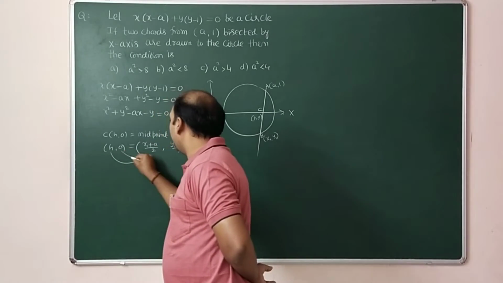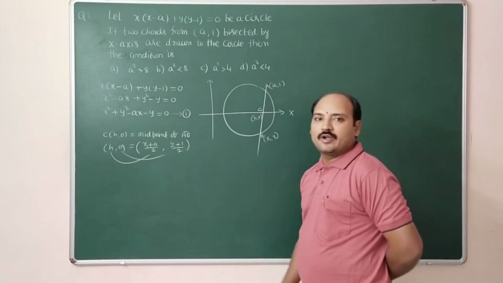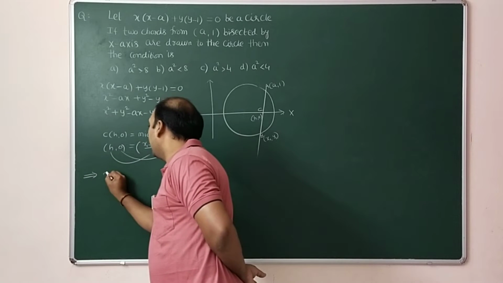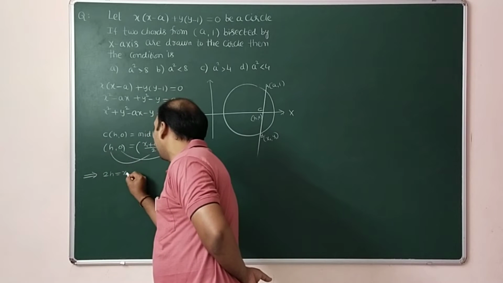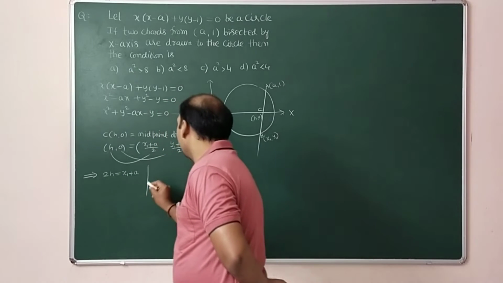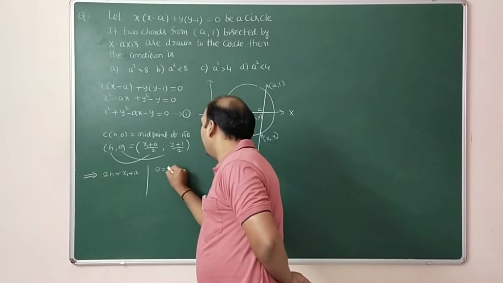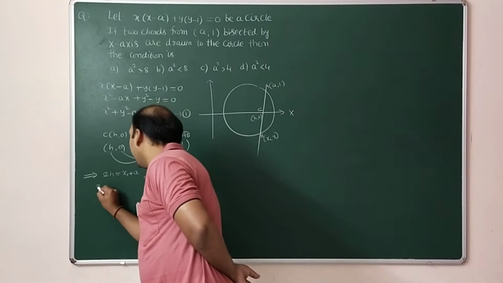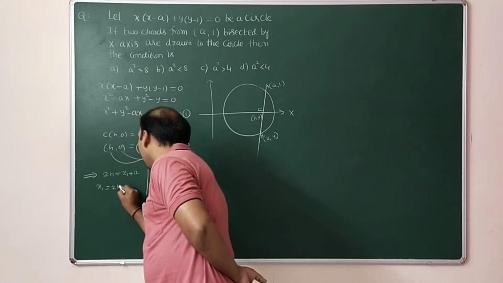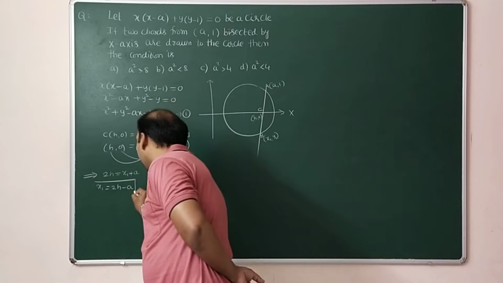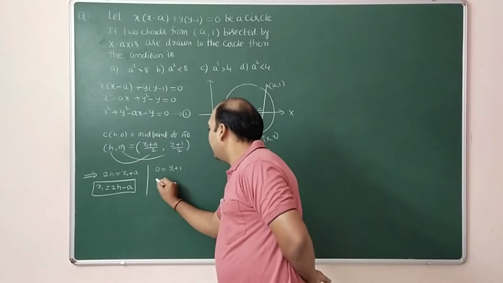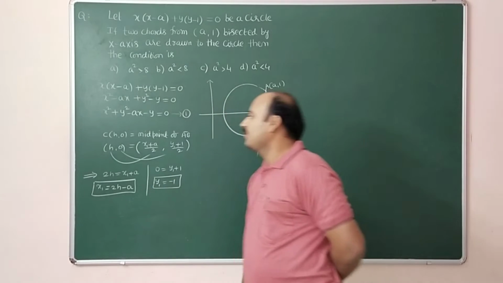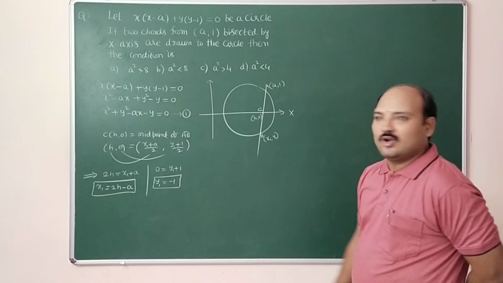So equating these two, the x coordinates and y coordinates you have to compare. So directly I am cross multiplying: 2h equal to x1 plus a, 0 equal to y1 plus 1. So from here x1 is equal to 2h minus a and here y1 is equal to minus 1. The x1 value, y1 value we got.